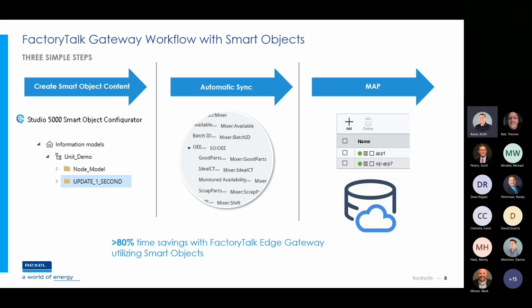Now we just have to select the destination on where to send it for the IT individuals, or whatever database or cloud systems are used for other applications within the enterprise. And again, with this method, roughly 80% time savings with FactoryTalk Edge Gateway utilizing those smart objects.